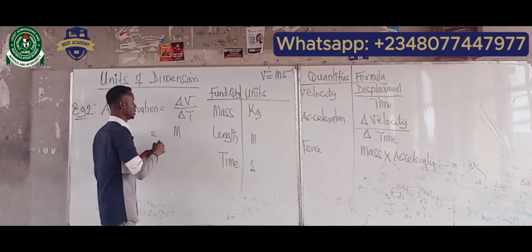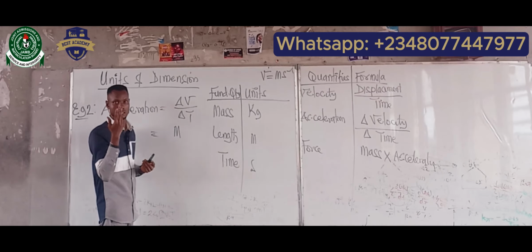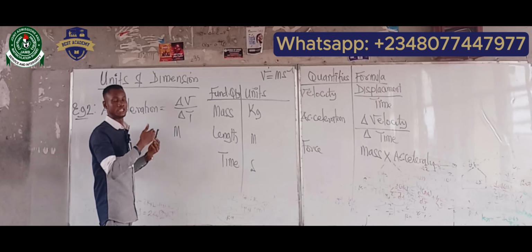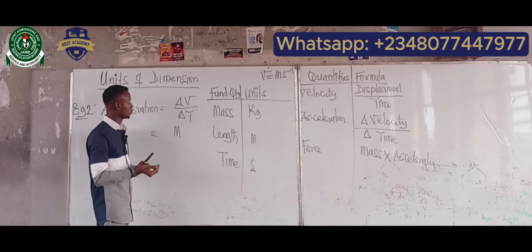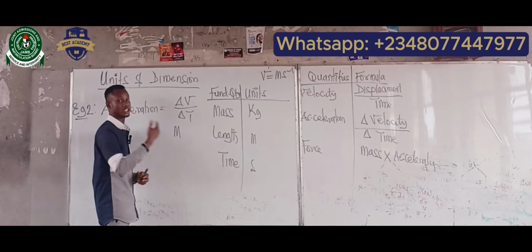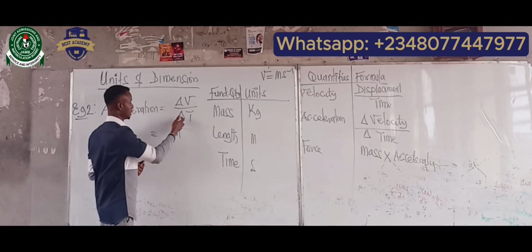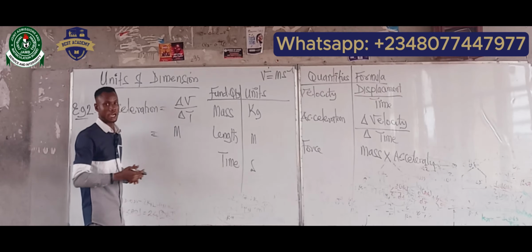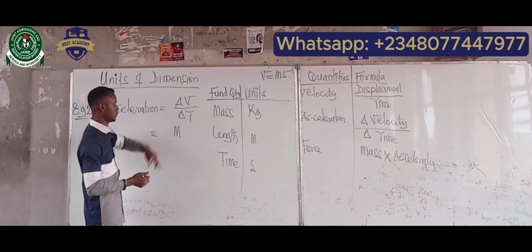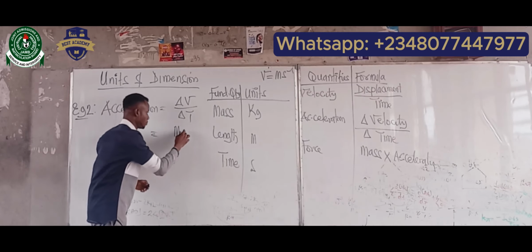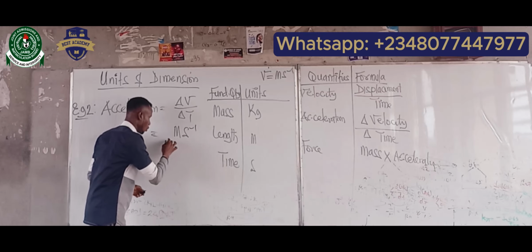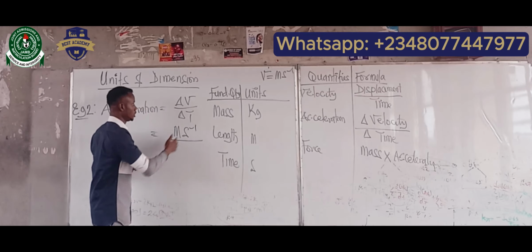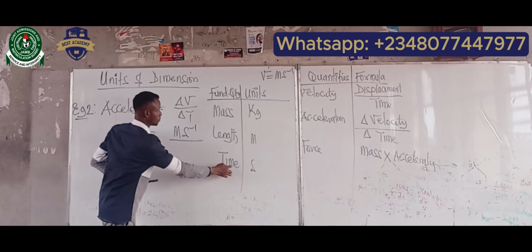This change here means when we have two velocities, maybe initial or what? Final. So we can now apply the change here. The same with time, if you have initial time and final time, we can apply this change. But since there's no initial and final here, we just use this t only. That is meter per second over what is the unit of time? Seconds.